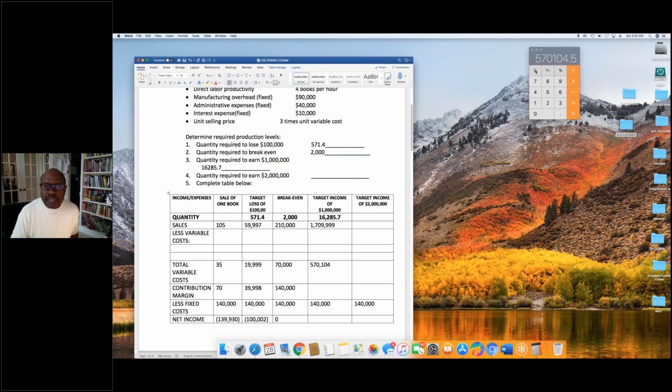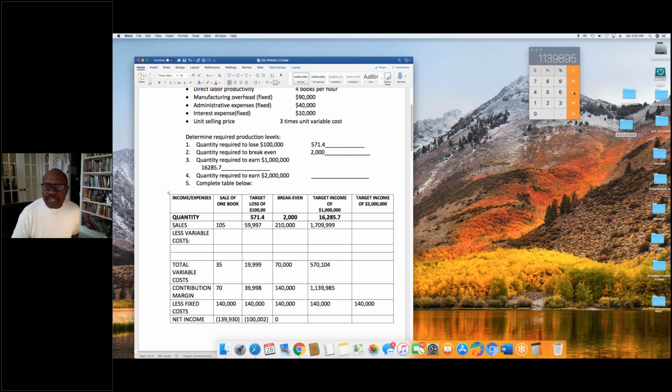And now let's see if we can make the subtraction. 1,709,999 minus 570,104. That's going to give us 1,139,985 as our contribution margin.